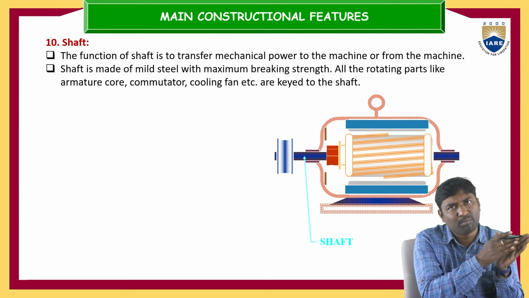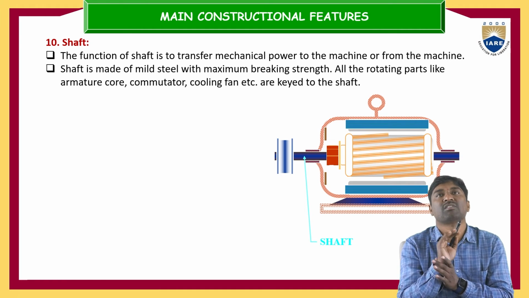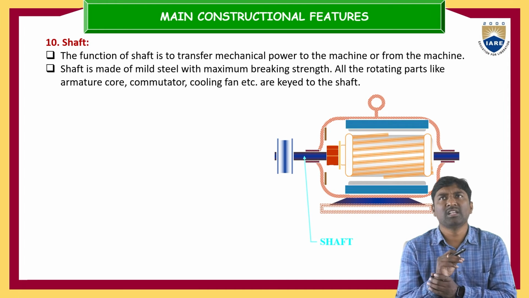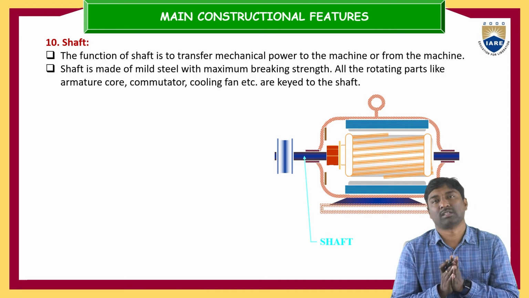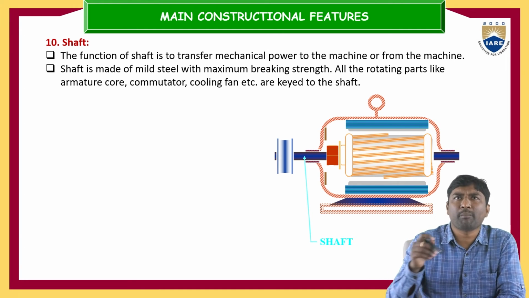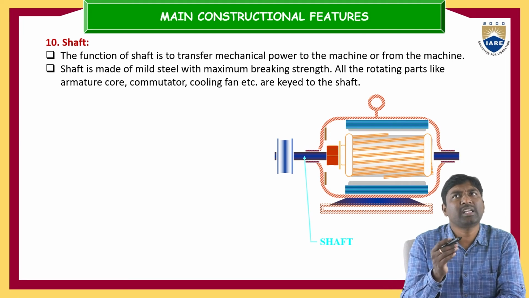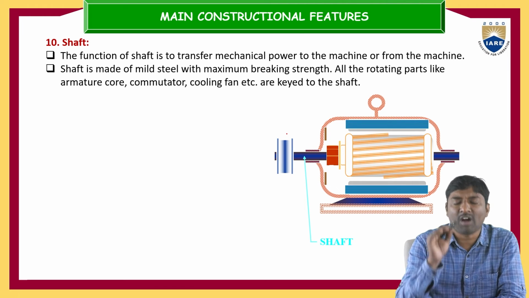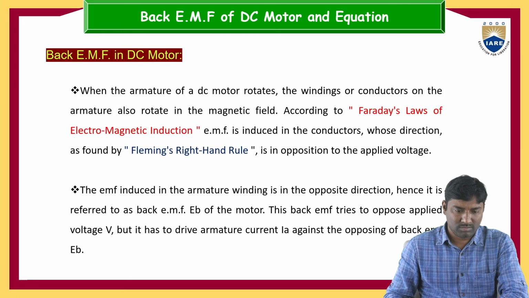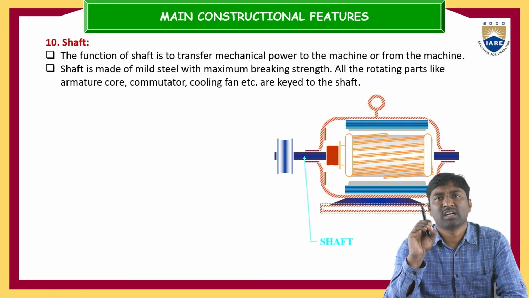This shaft is made up of mild steel with the maximum breaking strength, because all the rotating parts like the armature core, commutator, or cooling fan are supported by this shaft. So these are the 10 parts of the construction of the DC machine.